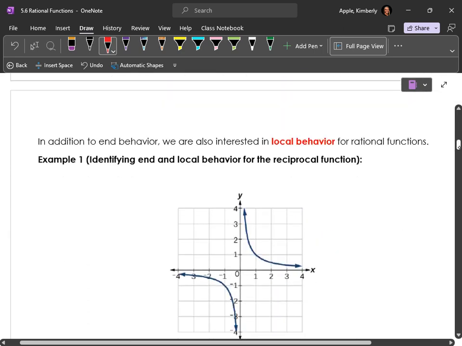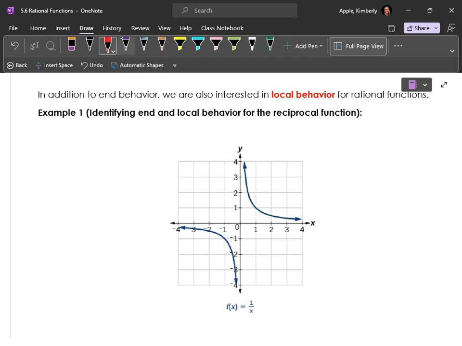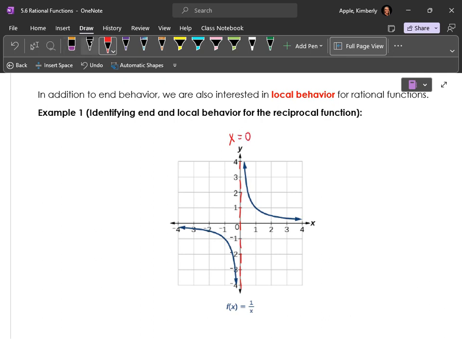In addition to the end behavior, we're also interested in the local behavior. What that means is towards the middle of the graph, really. The local behavior is happening at the vertical asymptote. Remember, we have a vertical asymptote here, and that's x equals 0. So let's talk about local behavior.